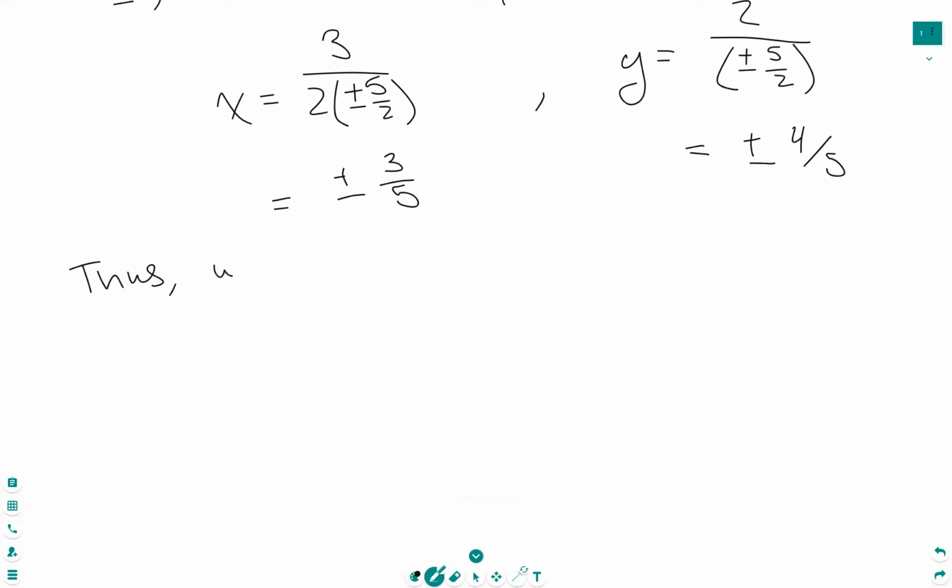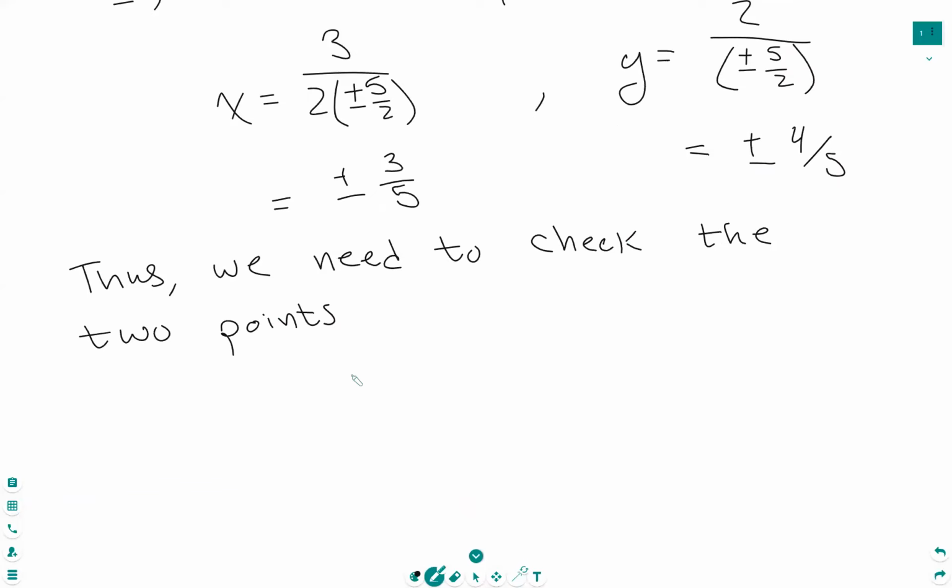So thus, we need to check the 2 points (3/5, 4/5) and negative 3/5, negative 4/5.